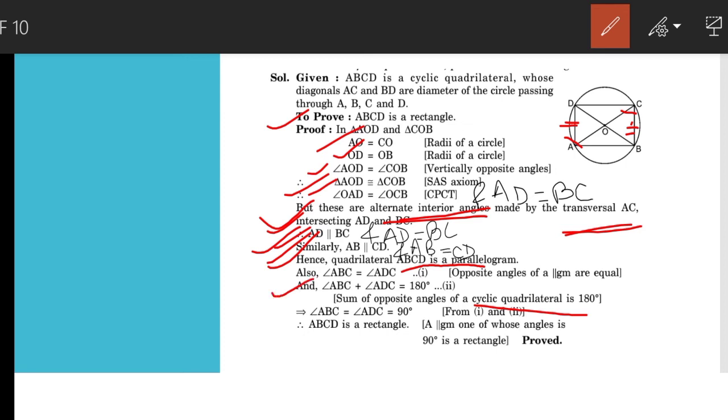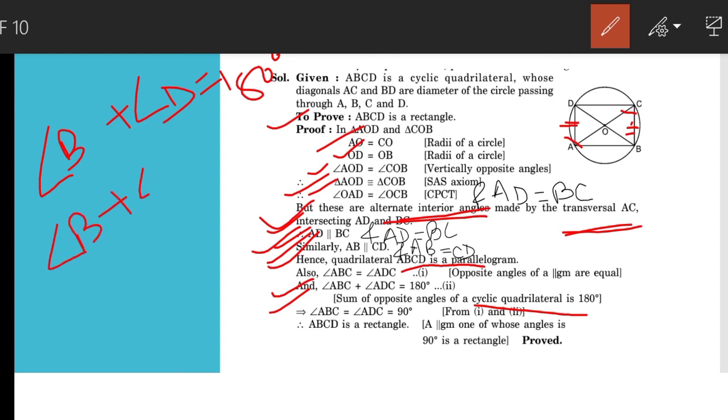So we will get angle B plus angle D is equal to 180. Now we have shown that since it is a parallelogram, they are equal. So angle B plus angle B is equal to 180 degrees.